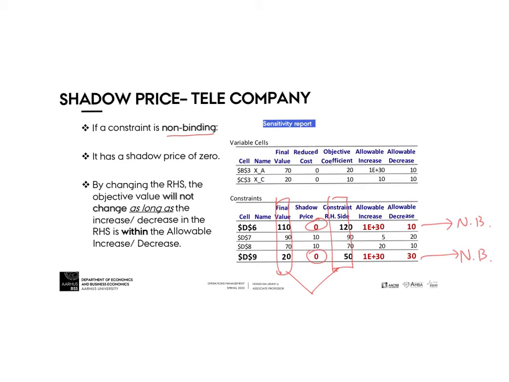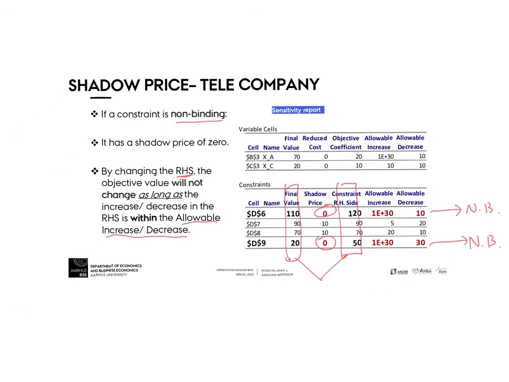So that's the first conclusion. By changing the right-hand side, the objective value will not change as long as the increase or decrease in the right-hand side is within the allowable increase or decrease range. Let's take one example, the department 1 production hours.